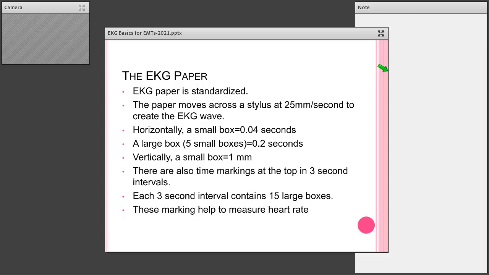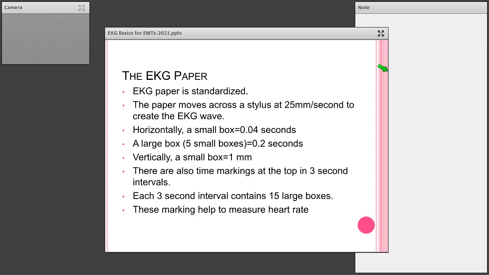If we're going up, 1 small box is about 1 millimeter. When you hear people talking about somebody having some ST elevation, they might say he's got 3 millimeters of elevation in these leads. Well, they're looking at a 12 lead, and they're looking at 3 small boxes of elevation to create that 3 millimeters of elevation.